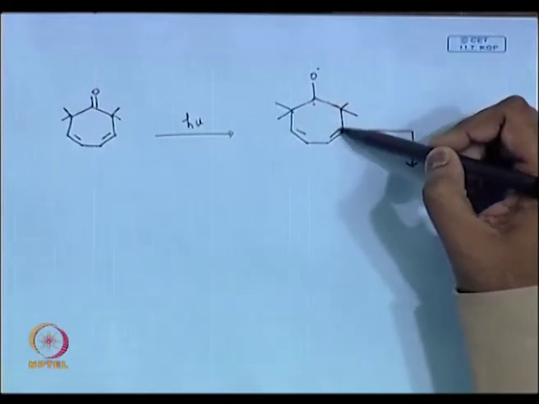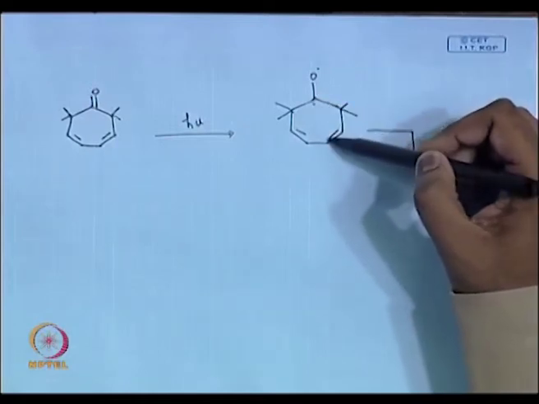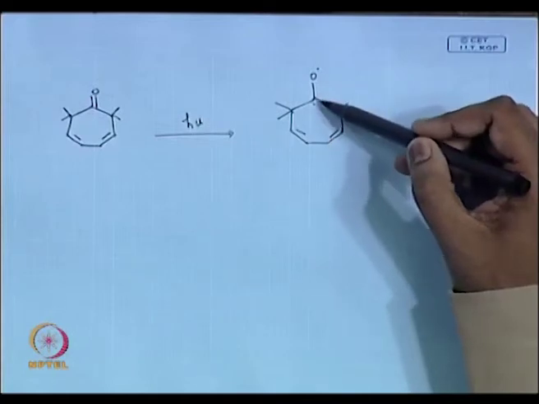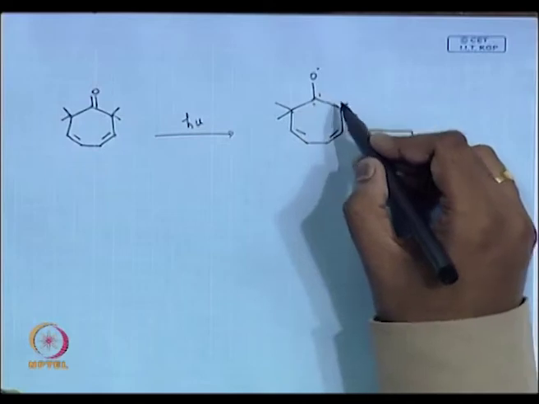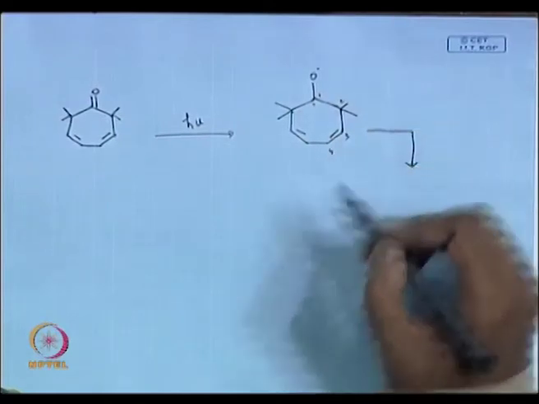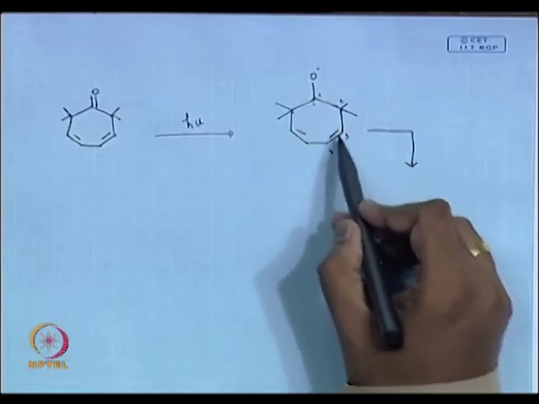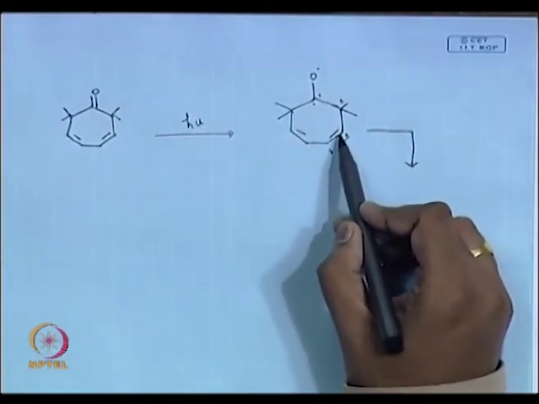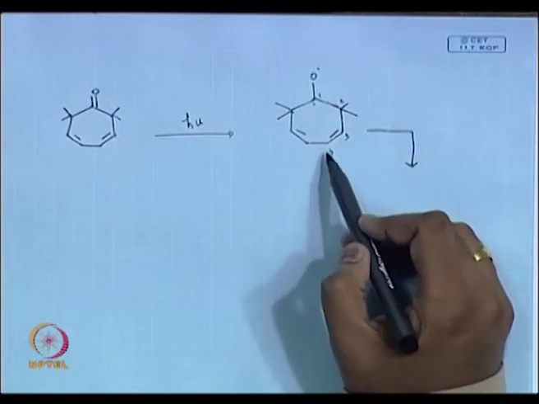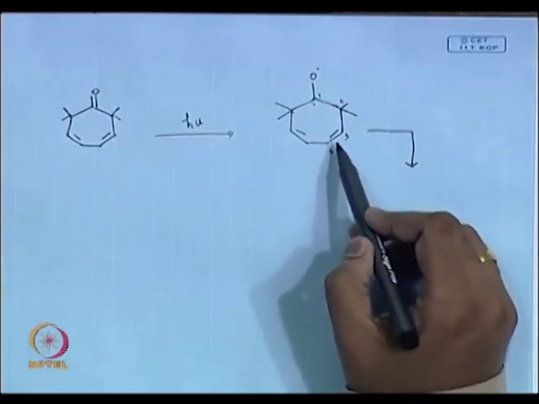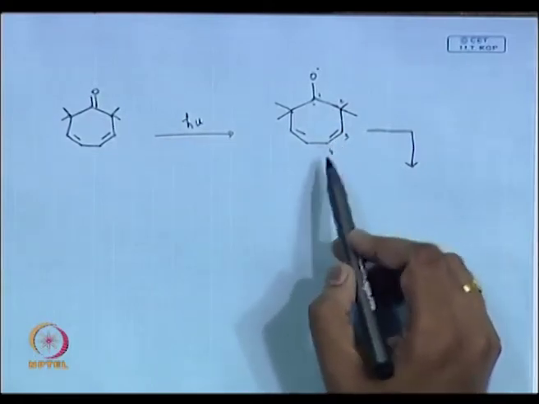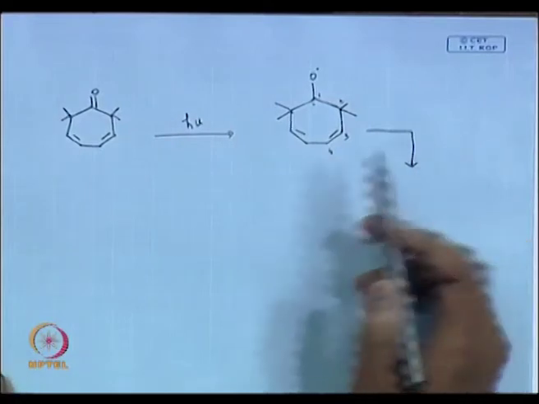I can attach here, or I can attach here. If I say 1, 2, 3, 4, do you want to make the ring closure between 1 and 3 or 1 and 4? 1 and 3. Why? Because you get a radical which is allylic. Okay.